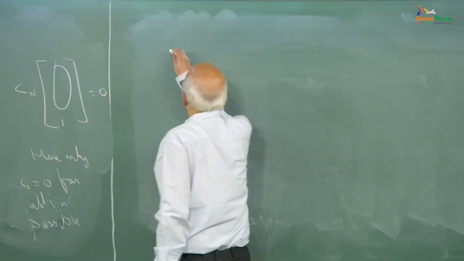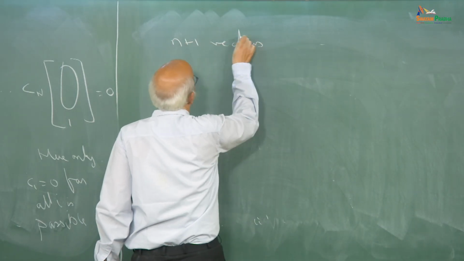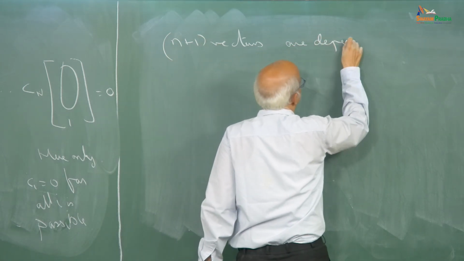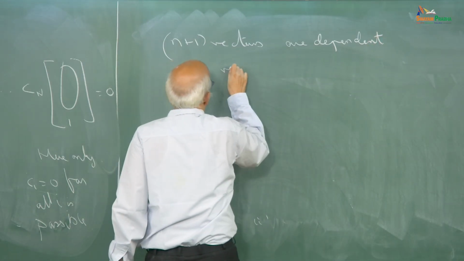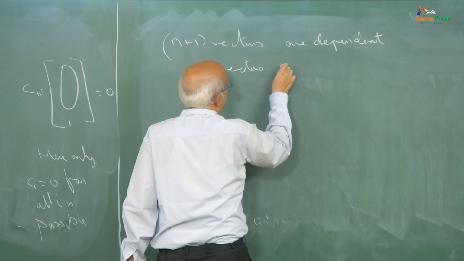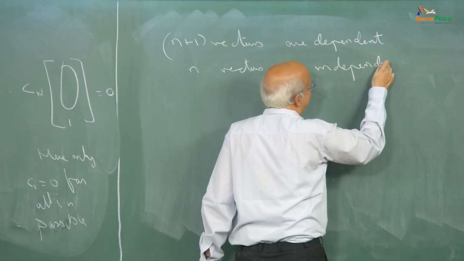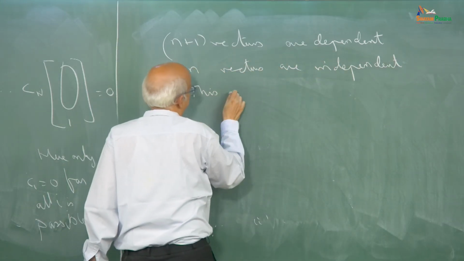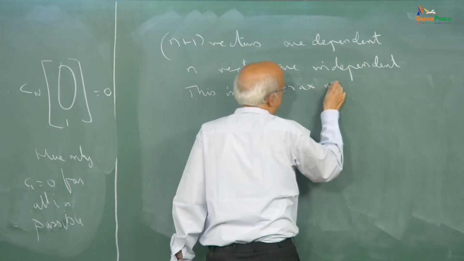So, n plus 1 vectors are dependent, n vectors are independent, and this is the maximum number.